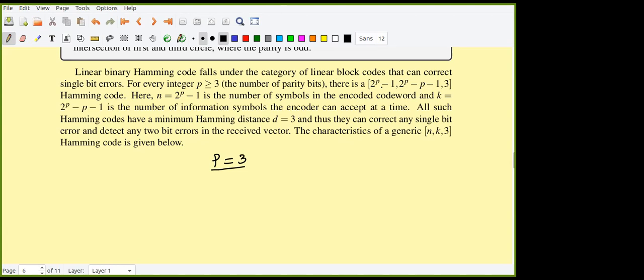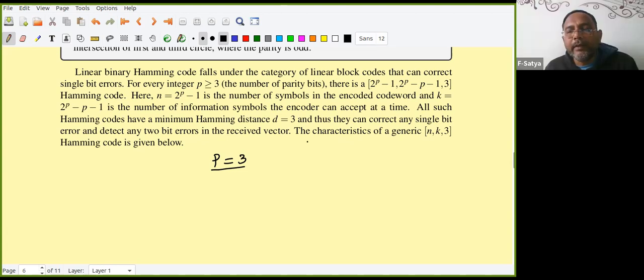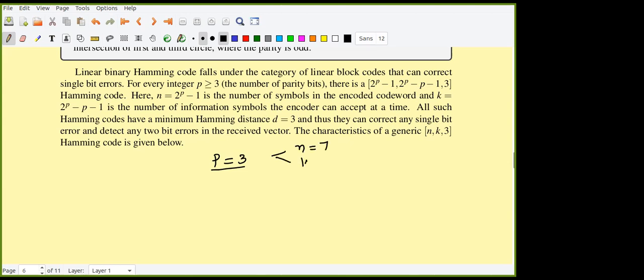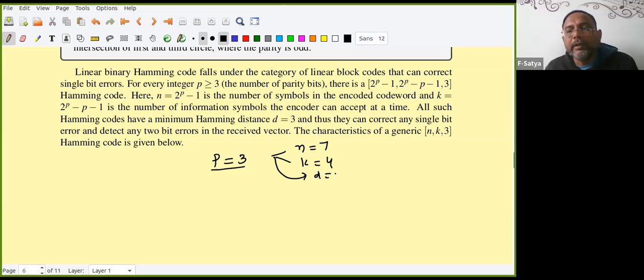N is 7. And what is k? K is equal to 4. And D is anyhow 3. We can prove it easily. Today I'm just giving this, and later I will tell you a much more detailed version. You can type Hamming code in Wikipedia and you will get all those details.